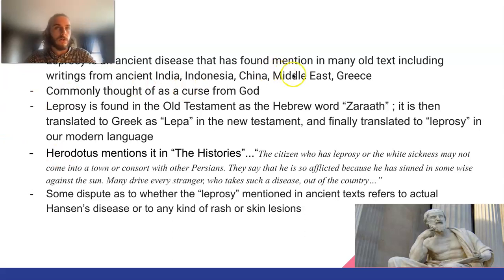It's found in a lot of ancient writings, different cultures, at least a mention of something that sounds like leprosy. It's found in the Old Testament as the Hebrew word zarath, and then it's translated into Greek as lepra in the New Testament, and then into leprosy in our modern language. That's what we call it.